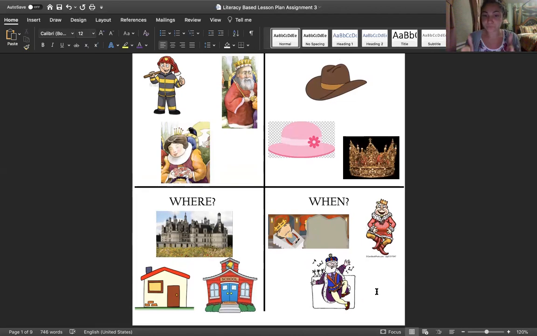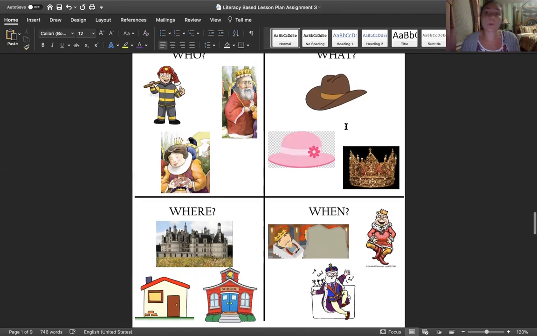So I put the kings right here. Unfortunately, it's when the current king passes away. So I have his picture right here, and that's when the prince becomes the king. That's something important for them to know, how someone becomes a king.